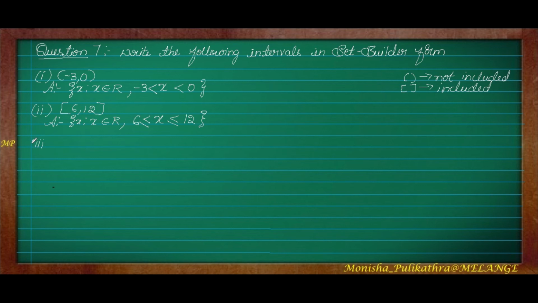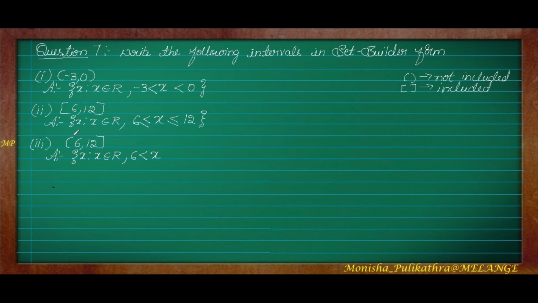Okay, moving on to the third question. The third question is small bracket 6 comma 12 and a square bracket. So here in set builder method, x such that x belongs to R, whereas this x is greater than 6 but not equal to.